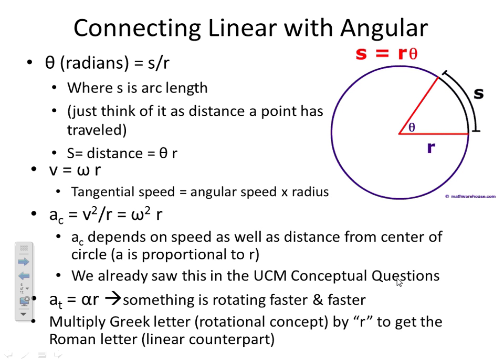Moving on, connecting linear with angular. This is just, well, it's supposed to be a visual of kind of the stuff that we already know. So in terms of S being the arc length and R is the radius, this was something that you learned back in geometry, okay, and then this is something we had actually talked about earlier this year.